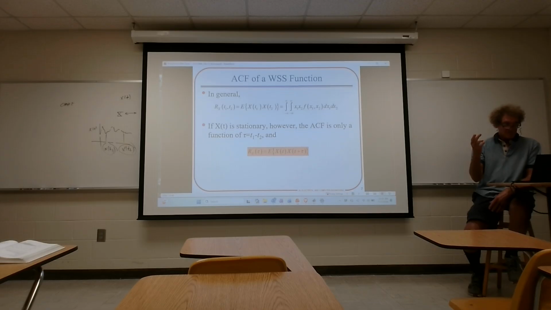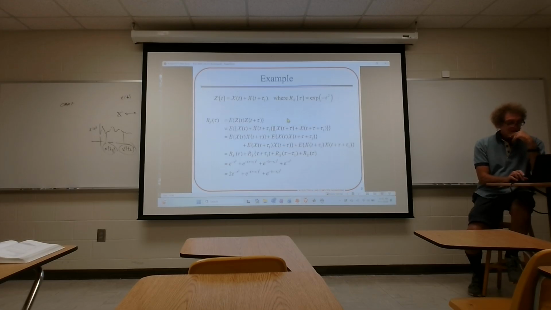With me on this? Now, that's the one big deal. If this is the case, and for everything we care about it is, then you can just use the time variation of the autocorrelation to calculate this right here. And I'll tell you, that saves a lot of headaches.